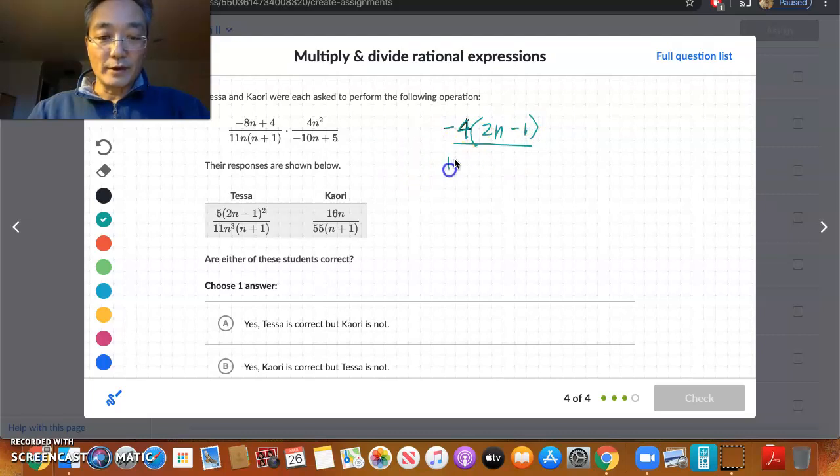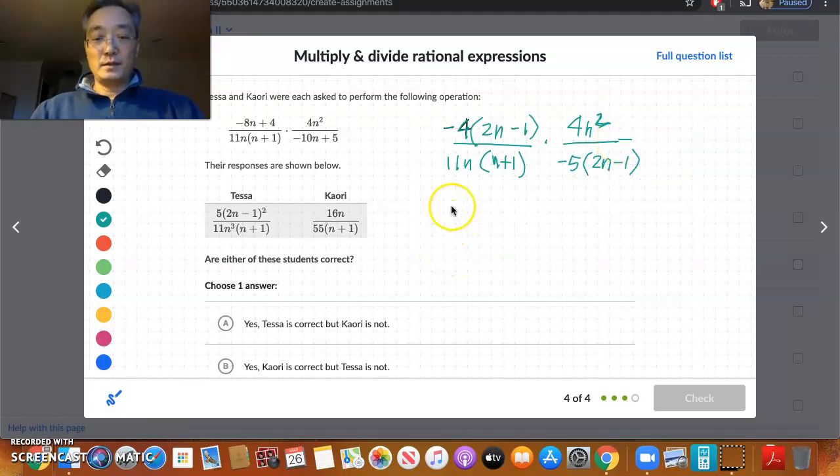The bottom is already factored: 11n times (n plus 1) times 4n squared over, and then we can take out a negative 5 again, leaving us with 2n minus 1. Okay, so that is properly factored.